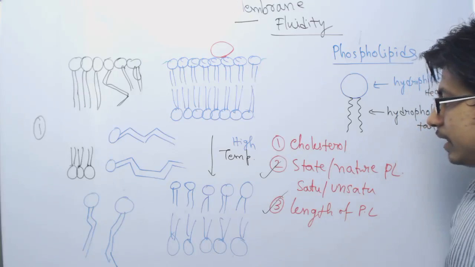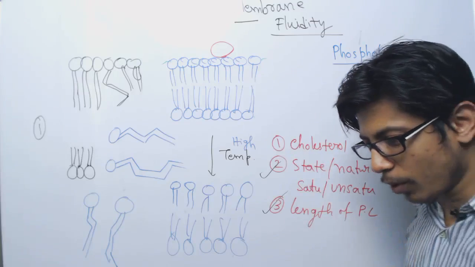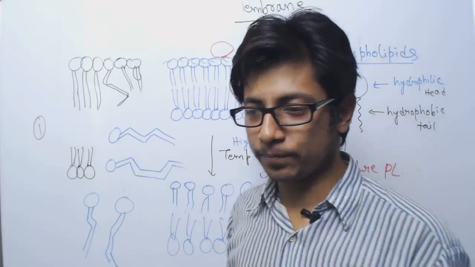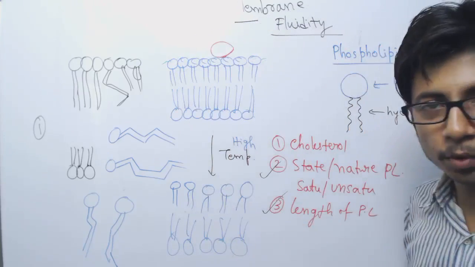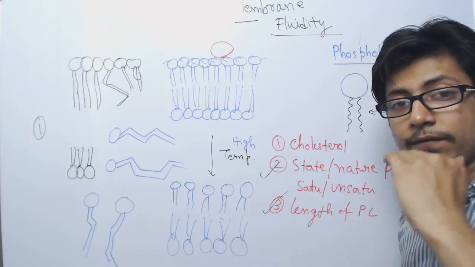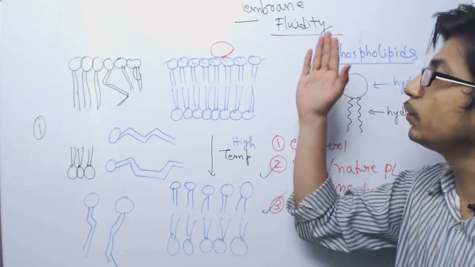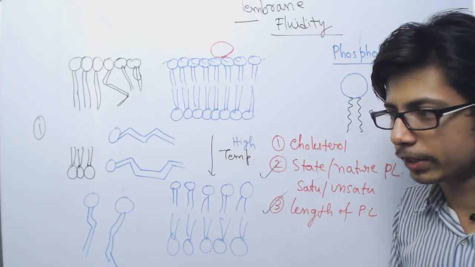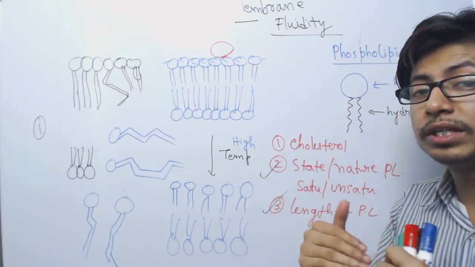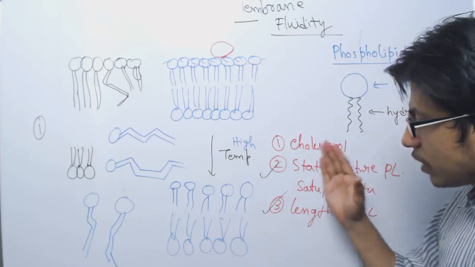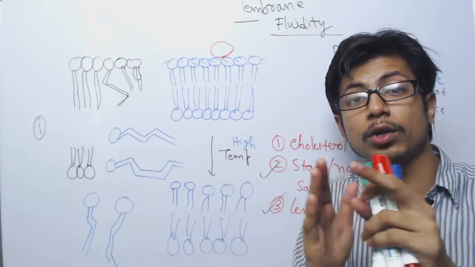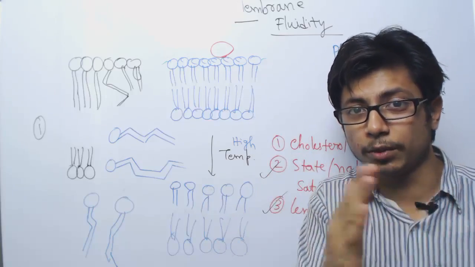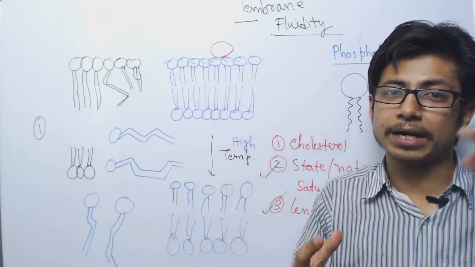The third thing is the cholesterol, and this is the most important one among all, okay, and where people get more confused. The presence of cholesterol impacts the fluidity of the membrane in so many ways, okay, and it affects in two different ways. Now first of all, cholesterol is a molecule which also contains two different domains, one hydrophobic, one hydrophilic.